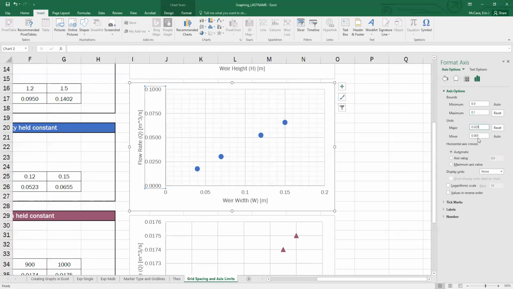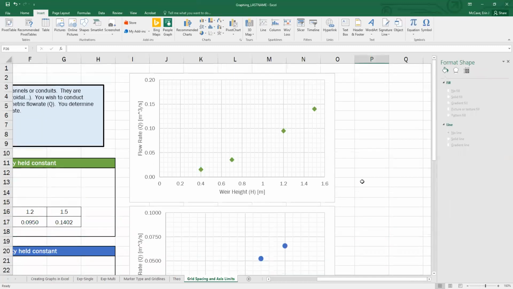So our minor increments are 0.005 meters cubed per second, which declutters our plot a little, but also allows our data points to either fall directly on a line or directly in between a line here for better interpretation of our physical data.